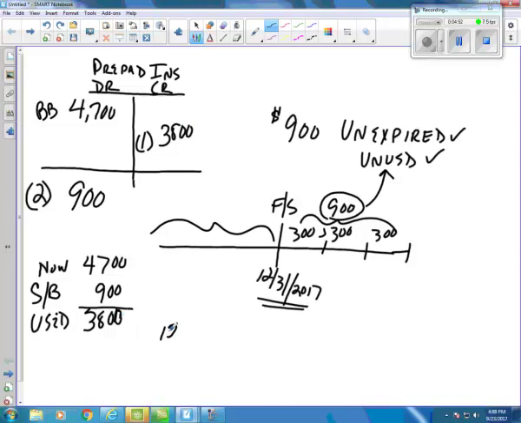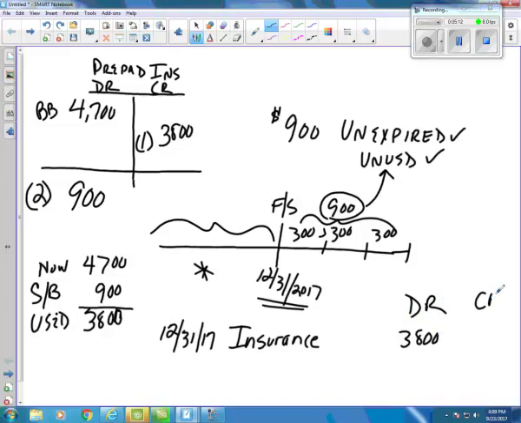So if we want to do the journal entry, it's 12/31/17, and let's debit insurance expense because we need to recognize that insurance in this year, the insurance that we've used, so debit that $3,800, and let's credit our prepaid insurance. Prepaid insurance is an asset account, and so by crediting it, we reduce it.